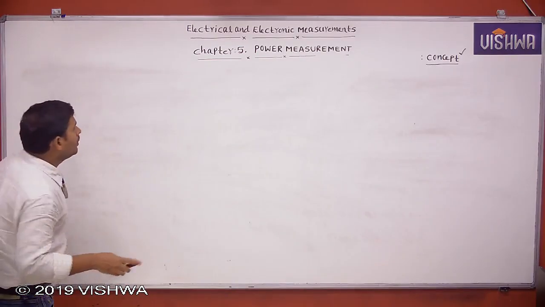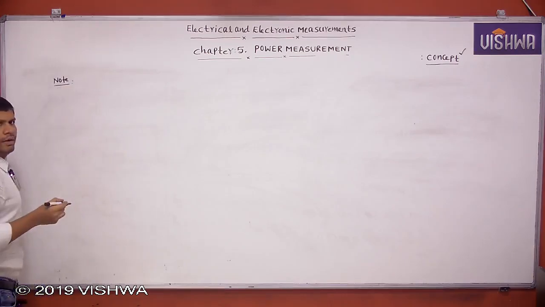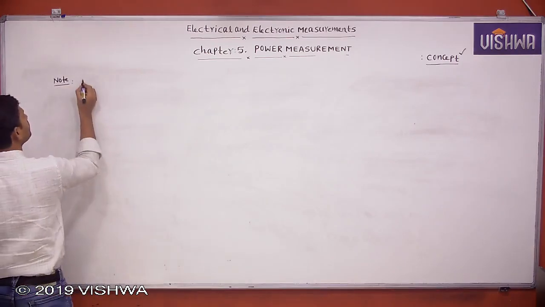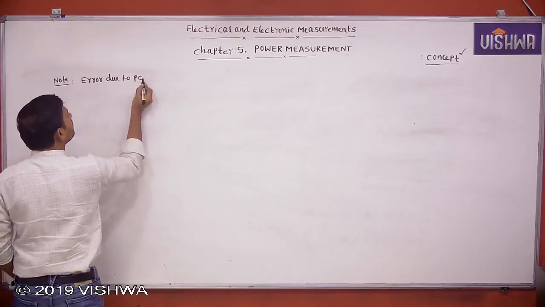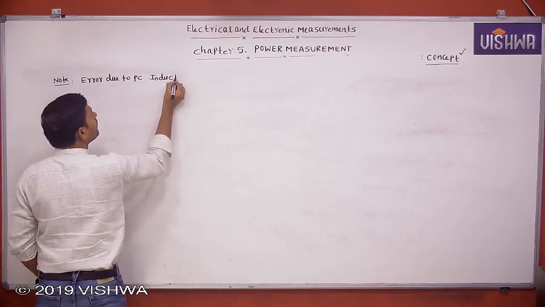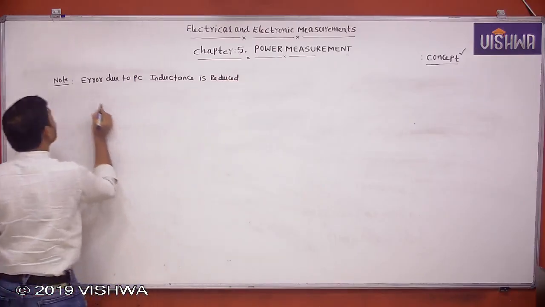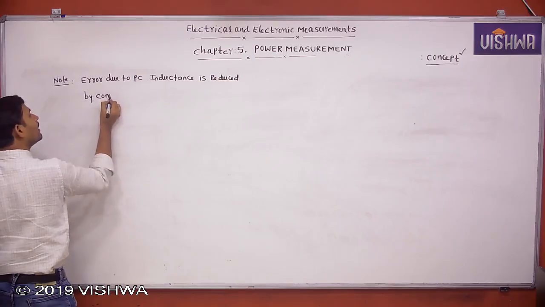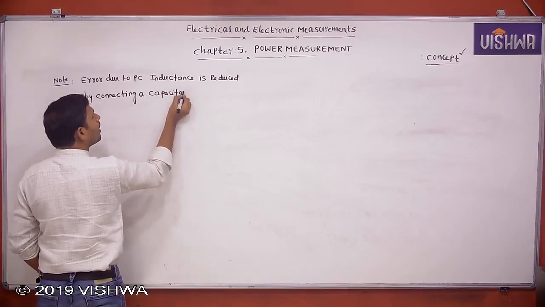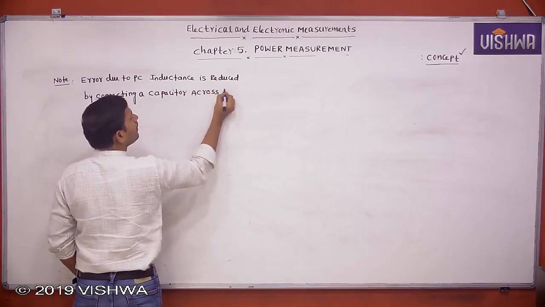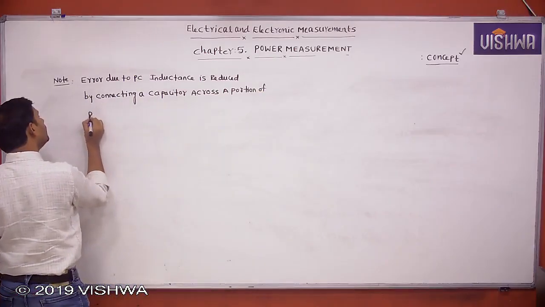Yes, you write as a note. Error due to pressure coil inductance is reduced by connecting, parallelly note down, by connecting a capacitor across a portion of pressure coil resistance.